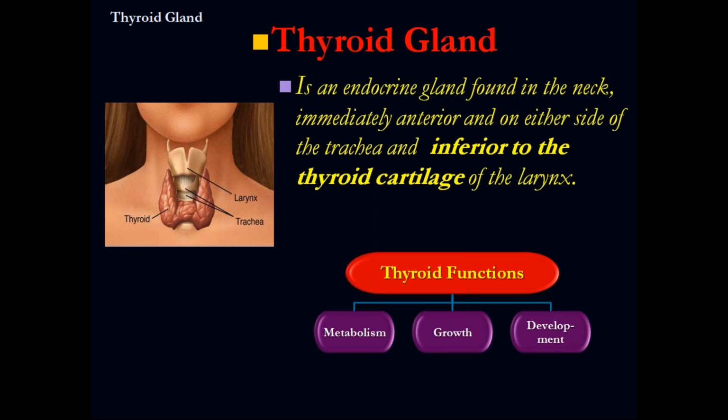And this growth and development, growth meaning increase in size, development meaning producing the function, especially when we are talking about the embryo, right? The embryo needs T3 and T4. Remember that the embryo produces T3 and T4 by itself. The T3 and T4 are not coming from the mother.